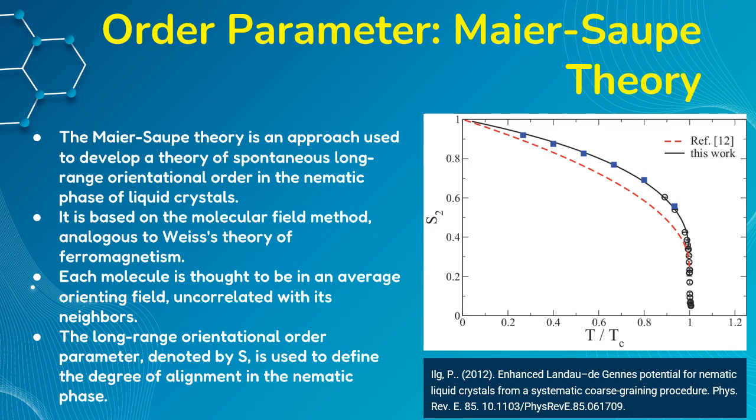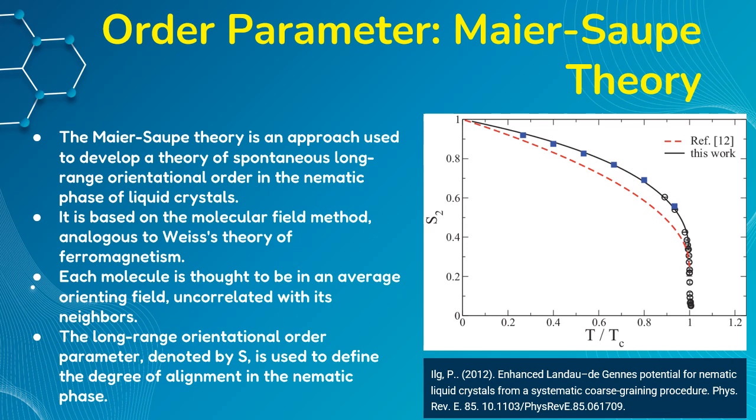I will give more detail about orientational order in the upcoming slides. It is based on molecular field method and is analogous to Weiss theory of ferromagnetism, which you must be familiar with. Each molecule is thought to be in an average orienting field uncorrelated with its neighbors. The long-range orientational order parameter, denoted by S, is used to define the degree of alignment in the nematic phase.